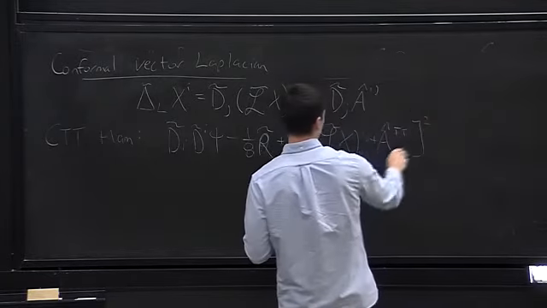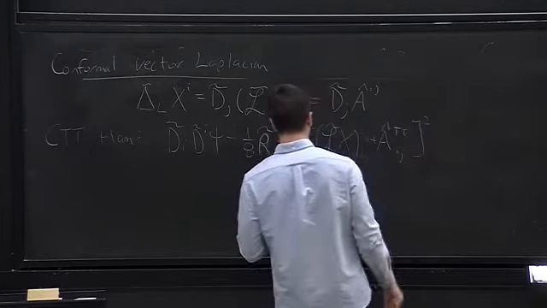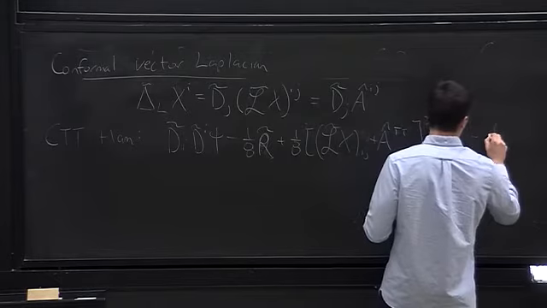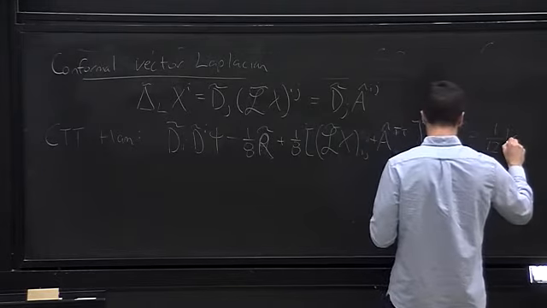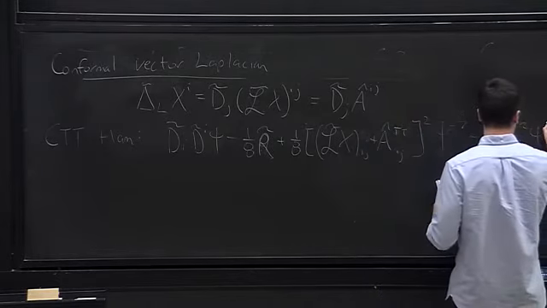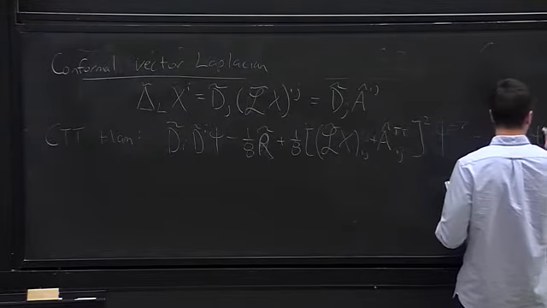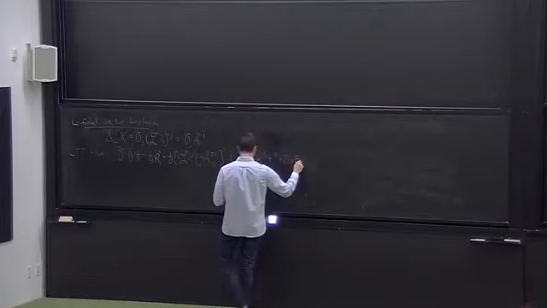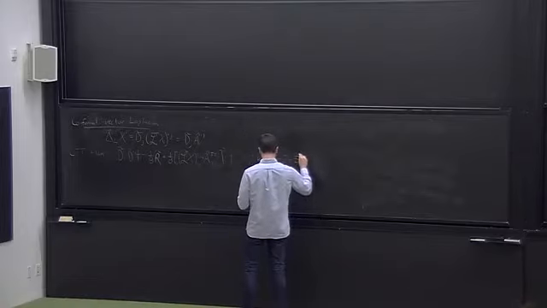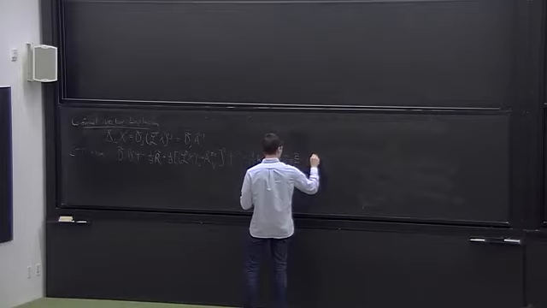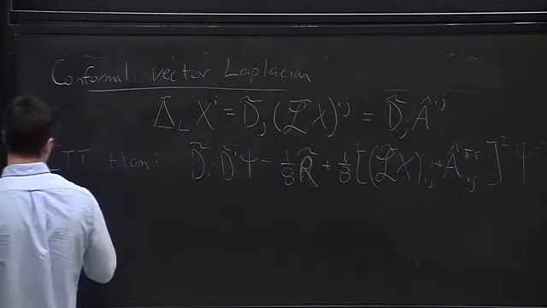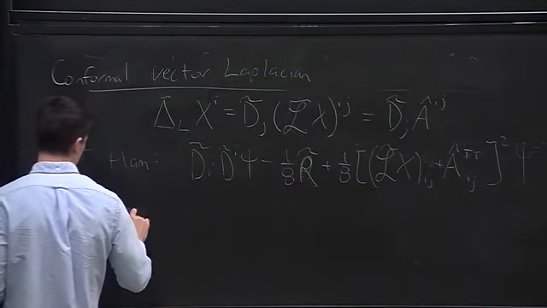I'm just going to put a square here to mean contracted with the same thing with the indices raised. And then our conformal transverse traceless version of the momentum constraint.